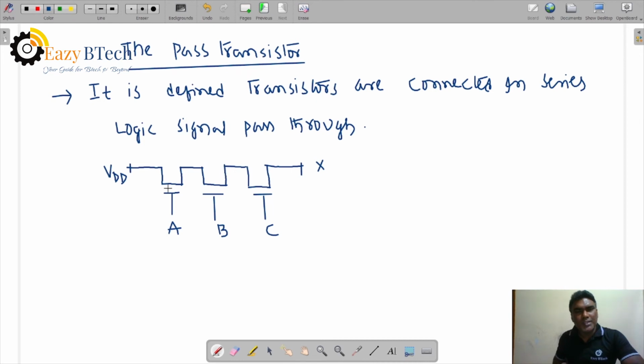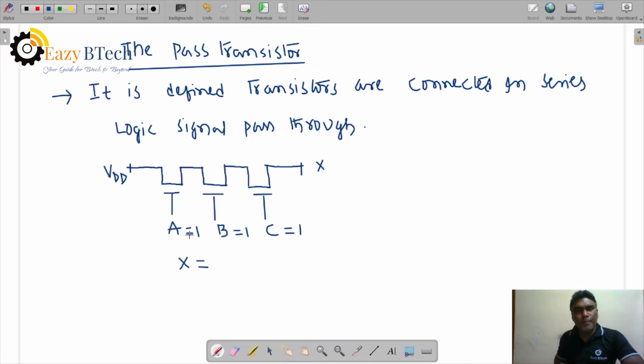It passes the signal through these transistors. Transistors are connected in series, it passes the signal through when the gate voltage is applied. So it is a NMOS transistor connected in series. So X is the output voltage signal. When we take here, A is equal to 1, B is equal to 1, C is equal to 1.